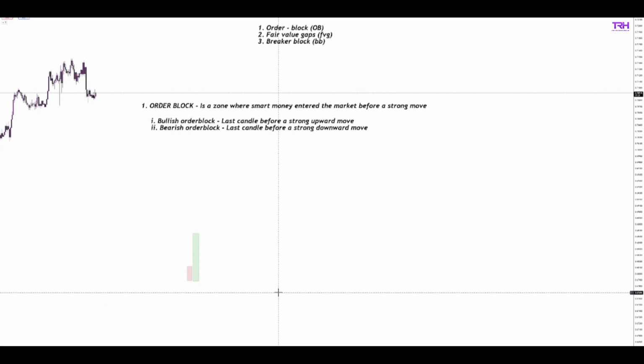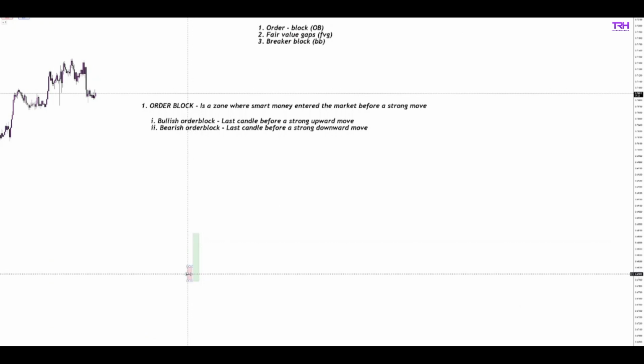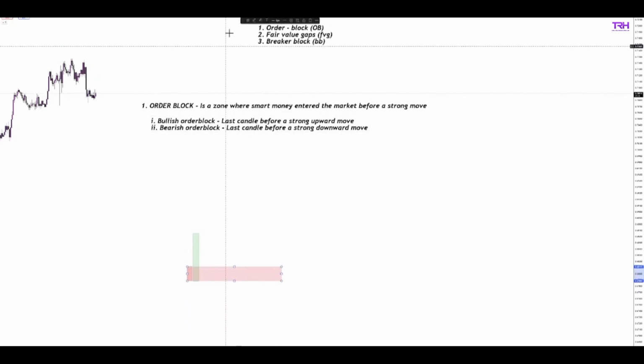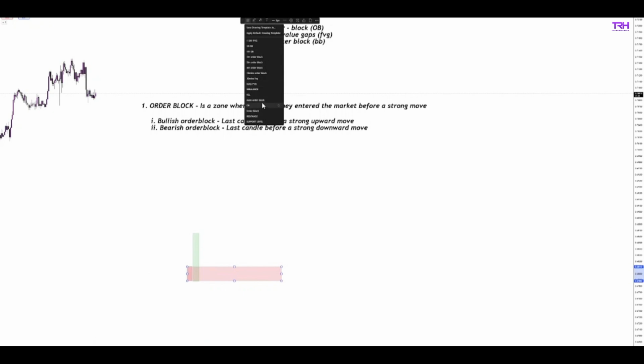Like we said, the bullish order block is the last candle before this strong upward move, this long candle. So automatically this becomes the order block.